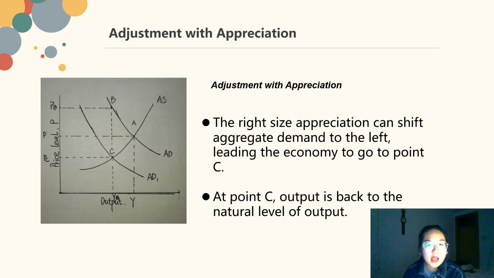The aggregate demand curve moves left until it reaches aggregate demand curve 1. What is different between A and C? We can see the output will decrease and the price level will decrease too. So at point C, the output is back to the natural level of output.